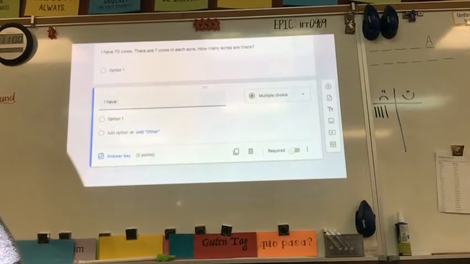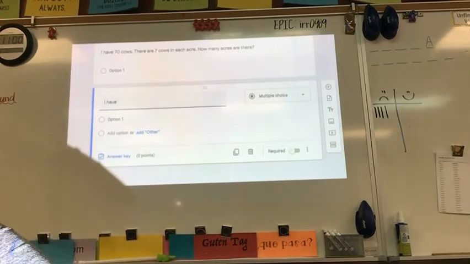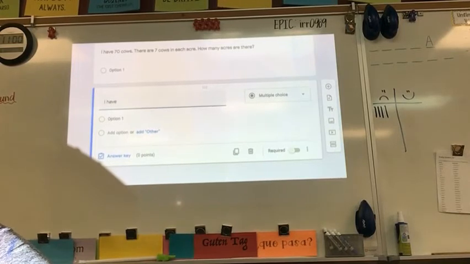I have 10 dogs. It's got to be something that you're going to be measuring, right? So maybe we can talk about the size of the pen that your dogs are in, right?